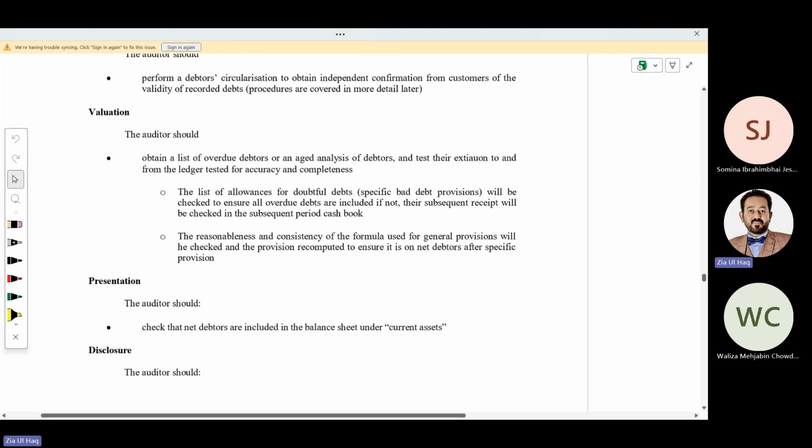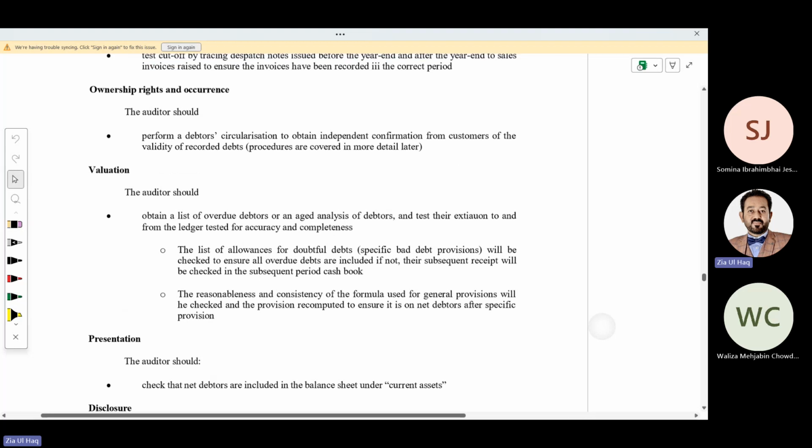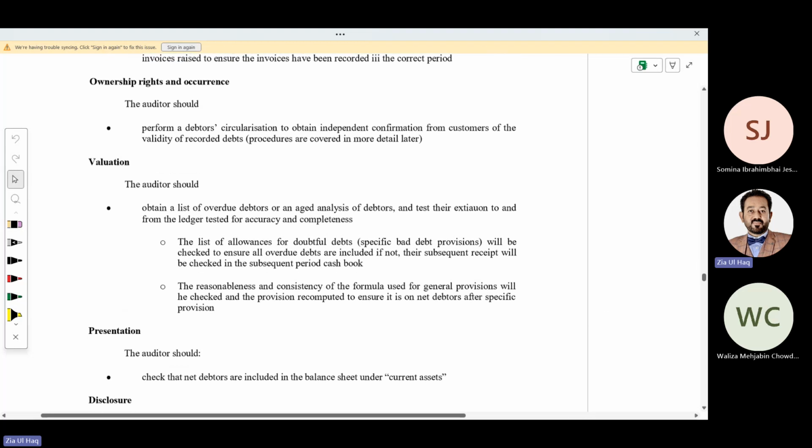Because if after year end cash hasn't been received, this means the debtor is either fictitious or it is bad. For completeness, we need to make sure all the relevant documents are there, from sale order to dispatch note, to invoices, and invoices to entries into the receivables and sales ledger.